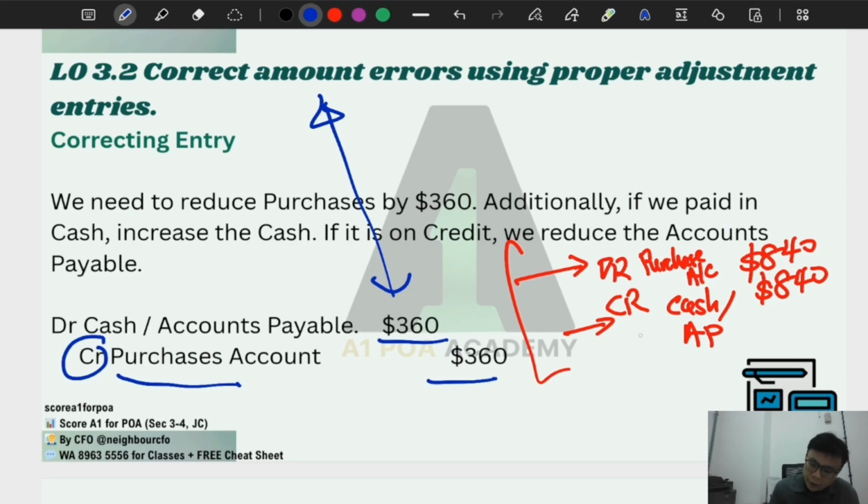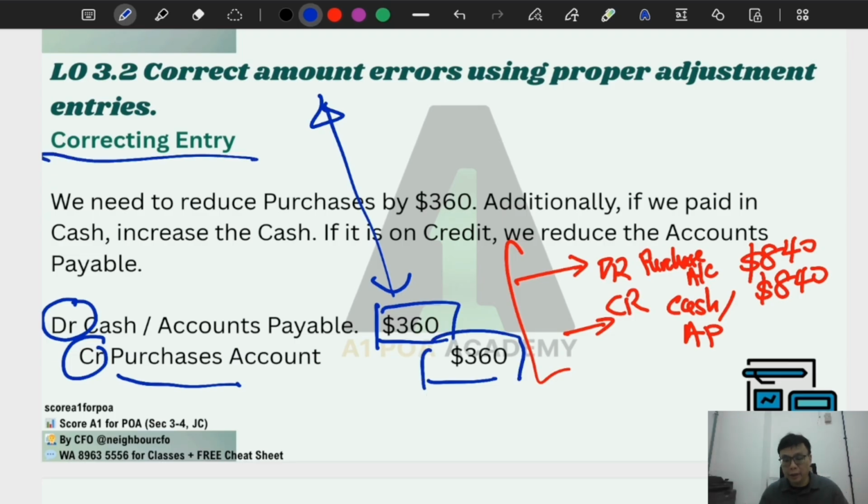So at the start, the wrong entry over-credited by 360. So now you need to reduce it and therefore you will debit cash or accounts payable 360 here. So that's how you go about correcting it.